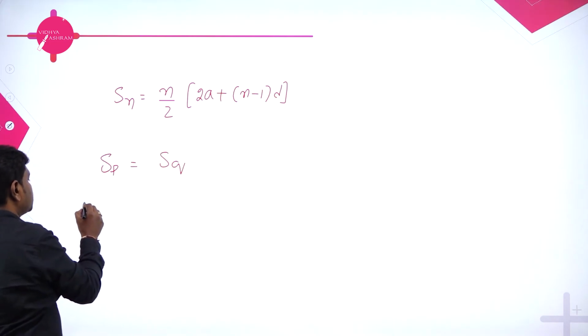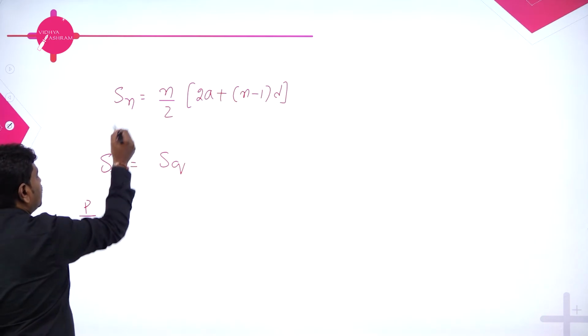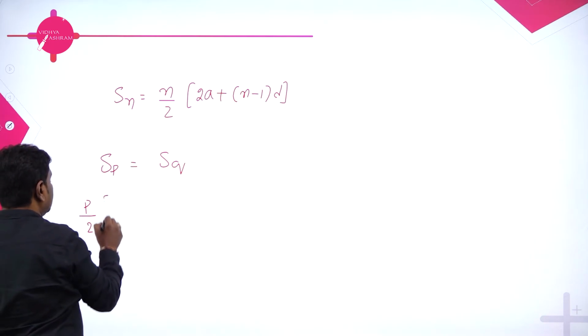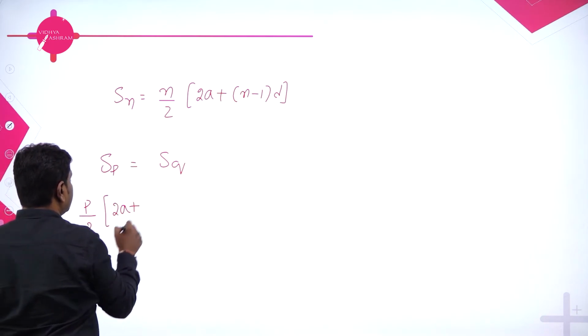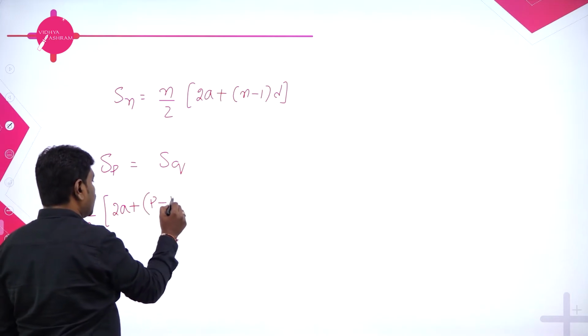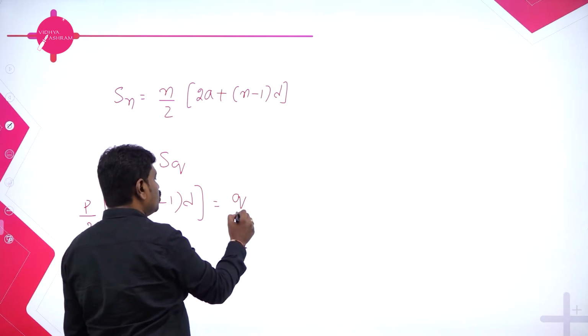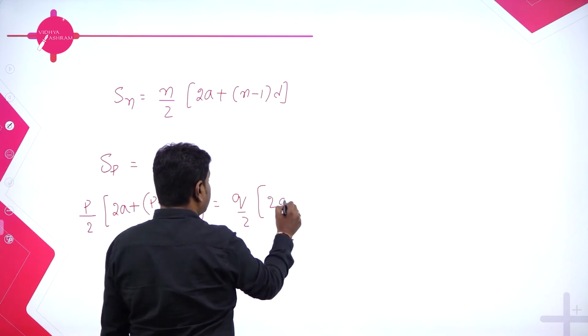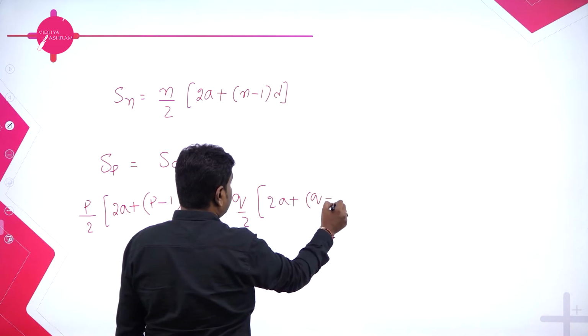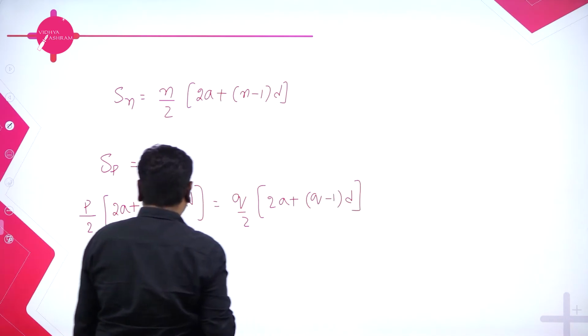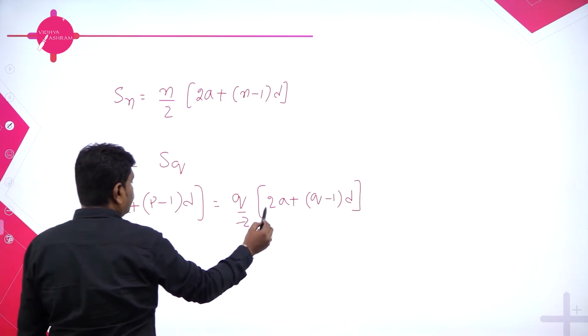What is the sum of P terms? In the place of n I have P by 2 into 2a plus P minus 1 into the common difference, is equal to SQ. What is SQ? The sum of Q terms: Q by 2 into 2a plus Q minus 1 into the common difference. Now I can cancel 2 and 2.